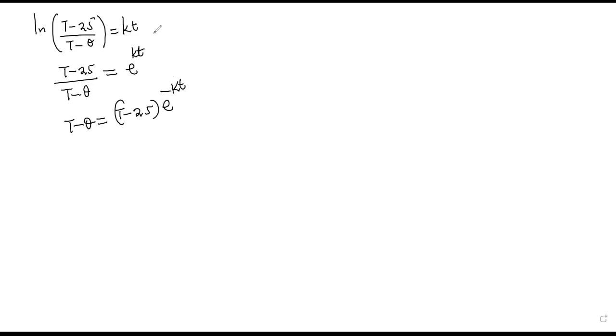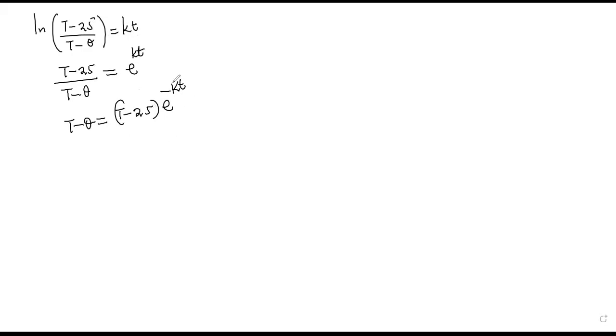I want you to understand the pure math behind here. Here it is T minus 25 over T minus theta. But if we interchange them, reciprocating this brings a negative on the left-hand side.